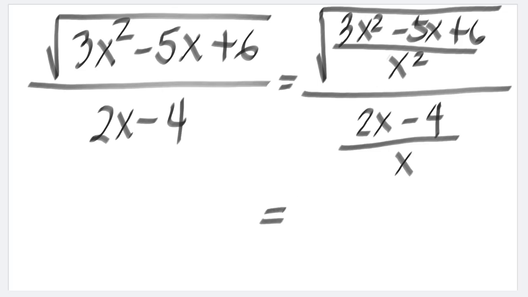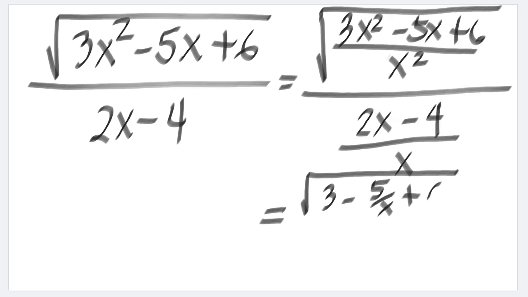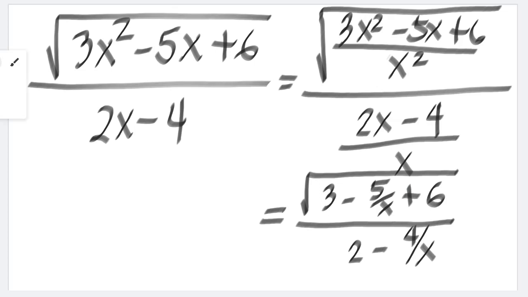This is equal now to square root of 3 minus 5 over x plus 6 all over 2 minus 4 over x. But take note also that the x here comes from the square root of x squared.